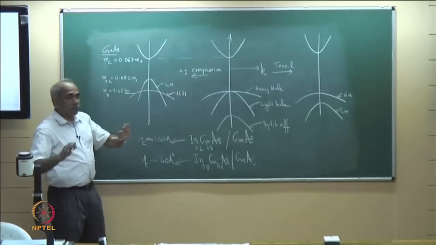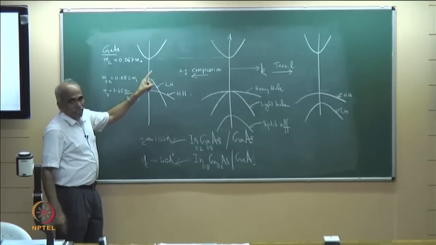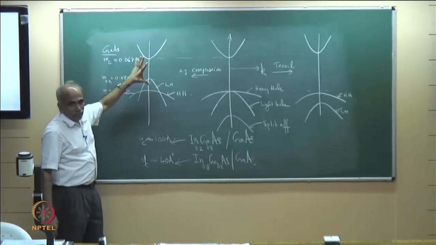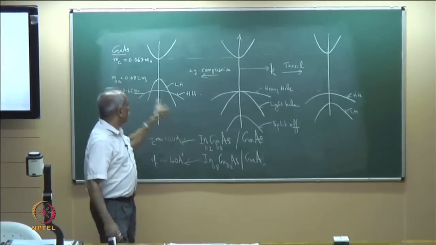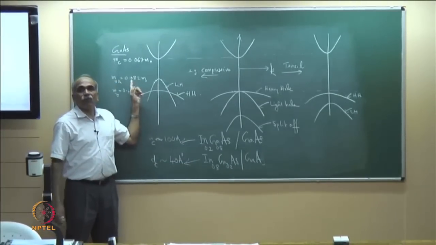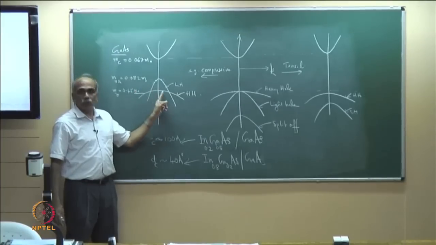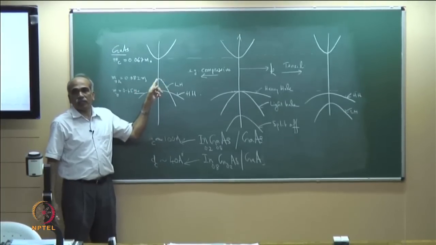So please remember that the purpose is not just to decrease or increase the band gap. There are additional benefits which will come because of the effective mass of holes. Instead of heavy holes, now light holes will be participating.